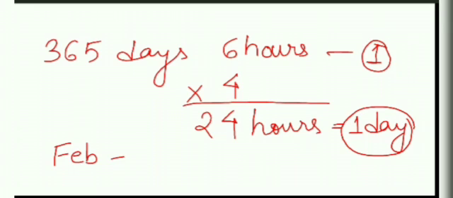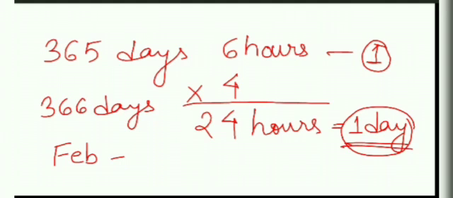So after 4 years we have a leap year, that is 366 days, and this extra day is added in the month of February, and in a leap year February has 29 days.